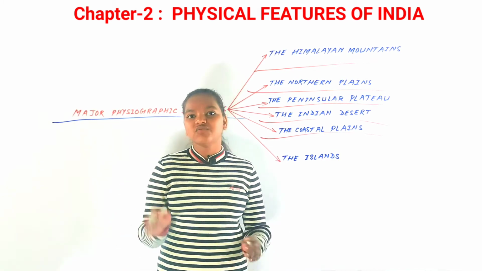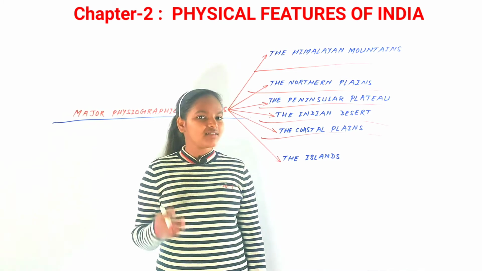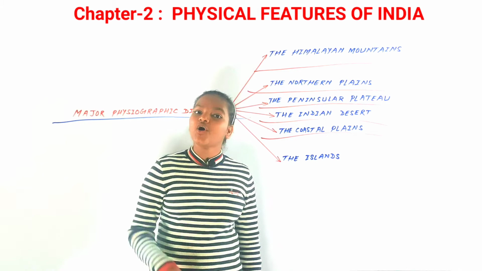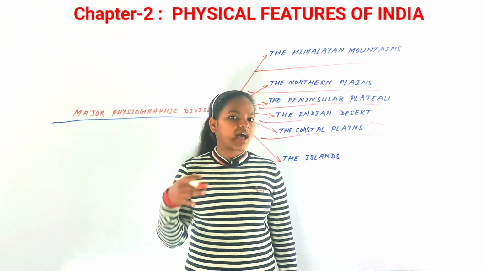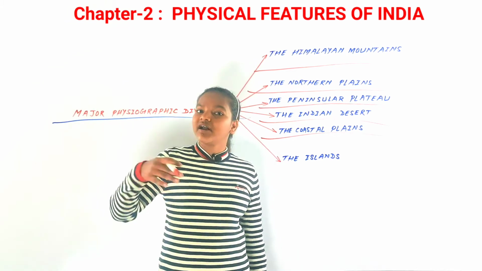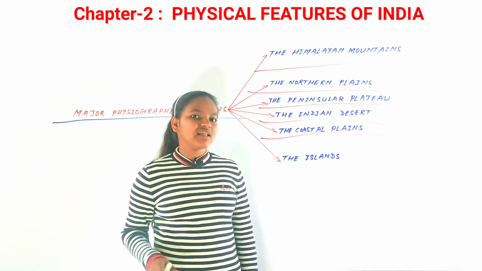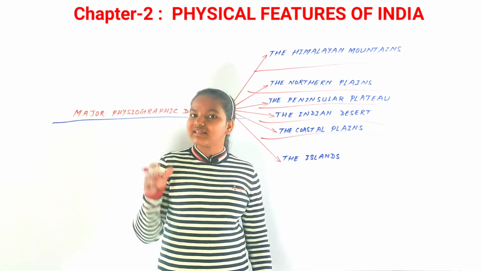The northern part is known as the Northern Sarkar coast, and the southern part is known as the Coromandel coast. Rivers like Kaveri, Godavari, and Krishna form deltas on these coasts.